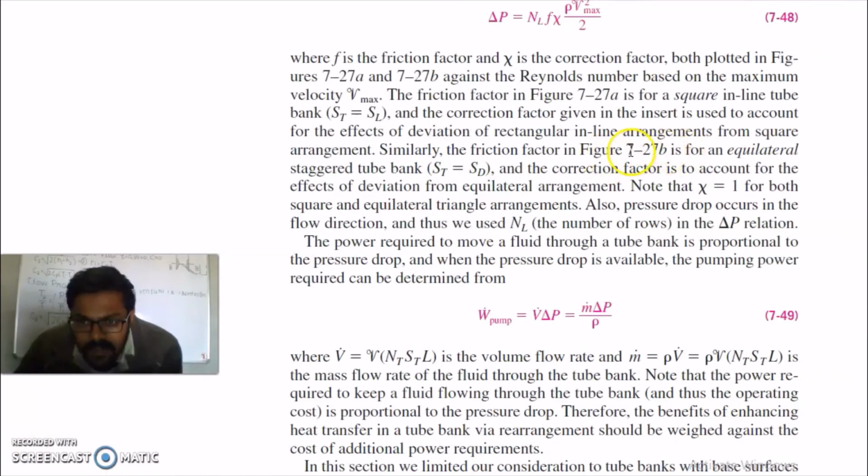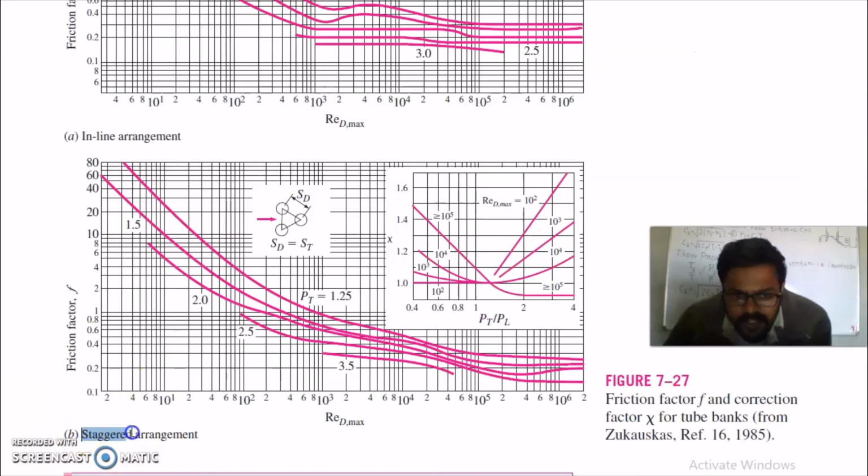In the same way, this figure is for the staggered arrangement. This is for friction factor and Reynolds number maximum. In this case, S_D is equal to S_T, means the transverse distance is equal to the diagonal distance.